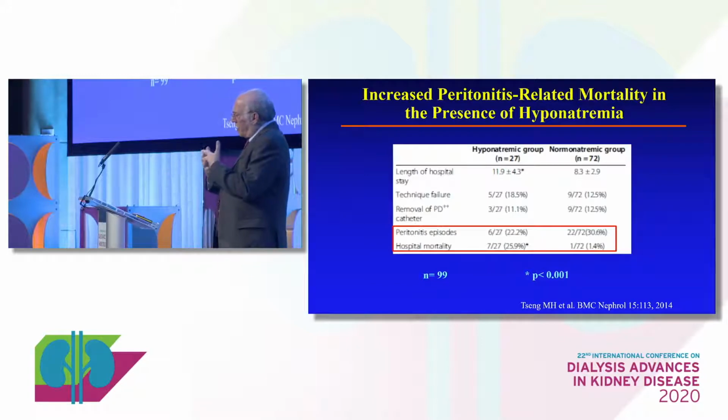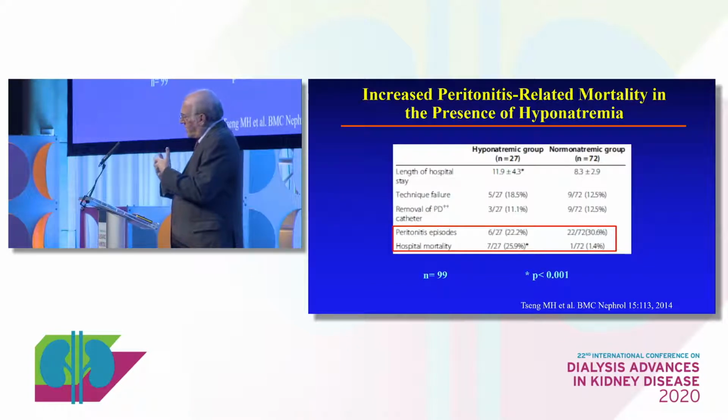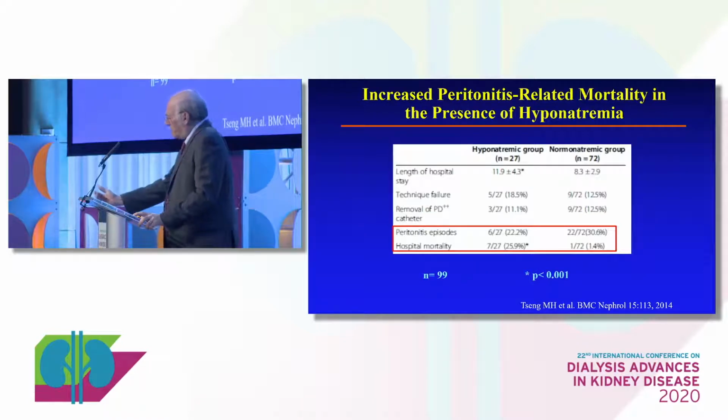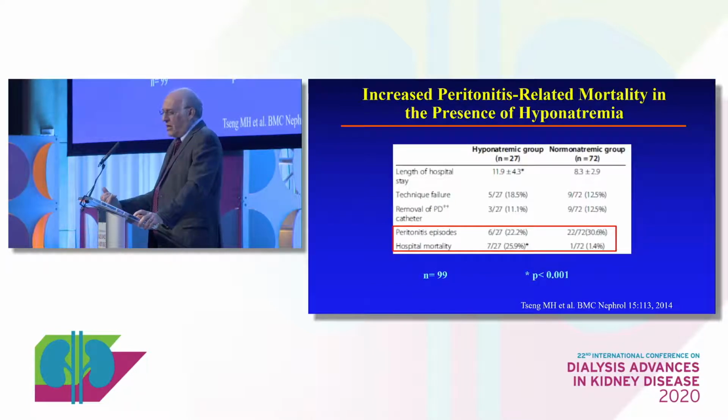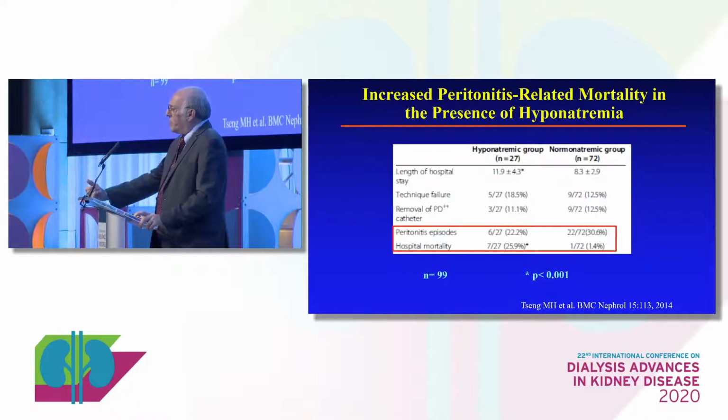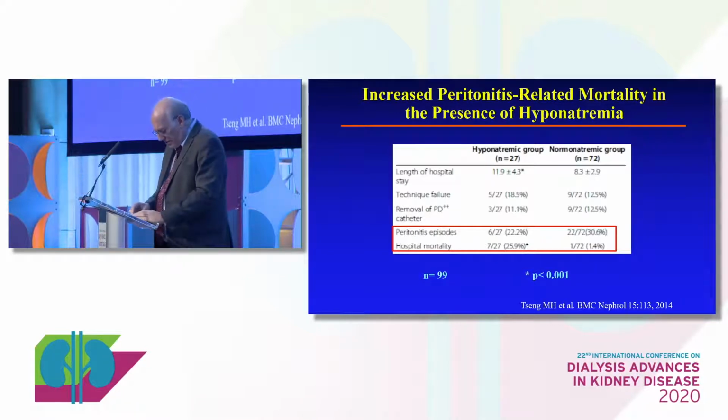And hyponatremia is something, I get the sense that we don't always pay sufficient attention to. Those of you who utilize icodextrin will know that you sometimes see a 2 to 3 milliequivalent per liter decrease in the serum sodium due to the osmotic effect of the maltose and maltose multimers. Does that make a difference? Don't have the data.